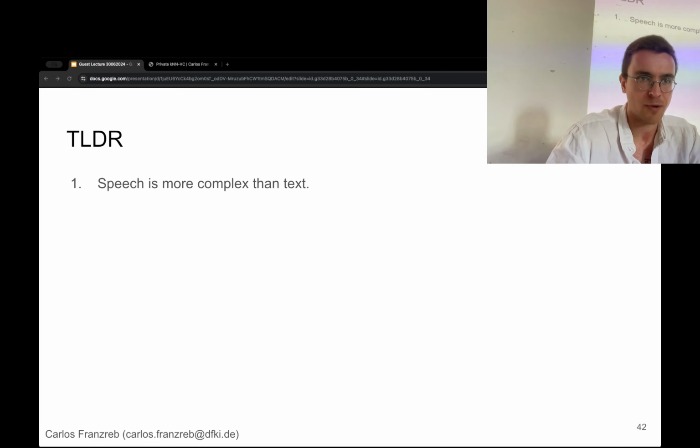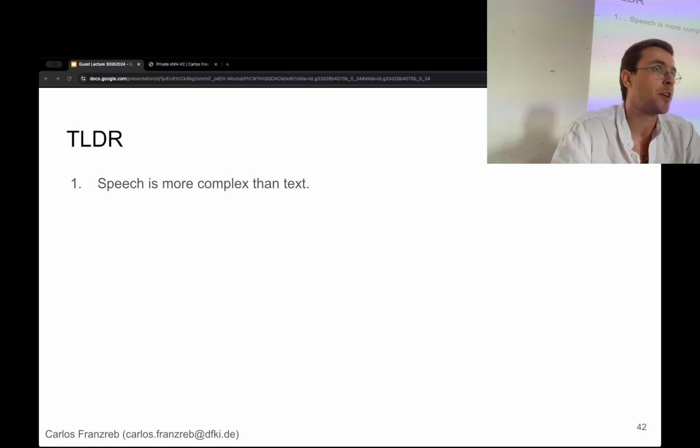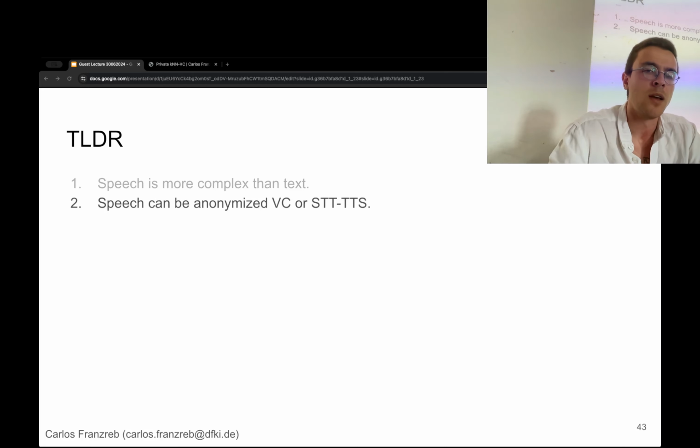Okay, so to summarize this section, speech is more complex than text. It's a physical phenomenon, including a lot more information than what is being said, which is an opportunity, but also a challenge because it makes it harder to process. It requires a different approach to privacy because it's not as black and white, which also goes back to what Sebastian said about whether the GDPR had a certain threshold for privacy.